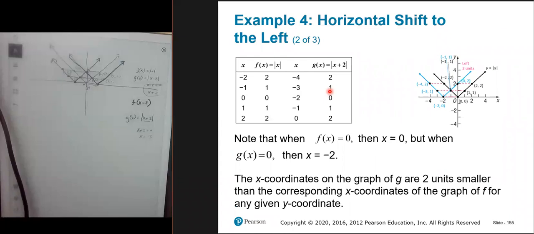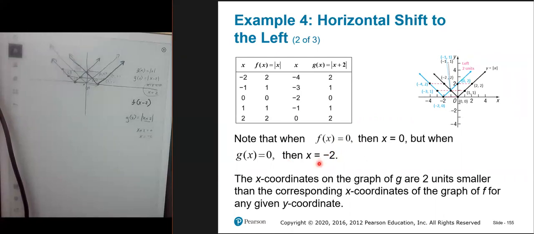So the x coordinates on the graph of g are 2 units smaller than the corresponding x coordinates of the graph of f for any given y coordinate. So this statement here is your new 0, 0: it is no longer at x equal to 0.